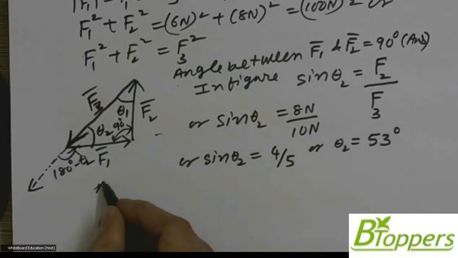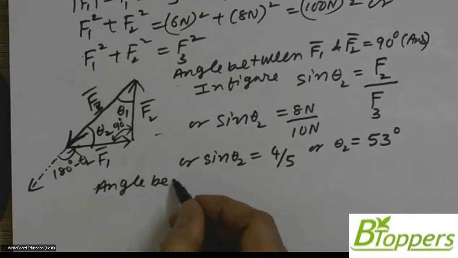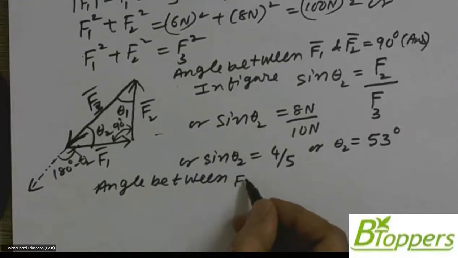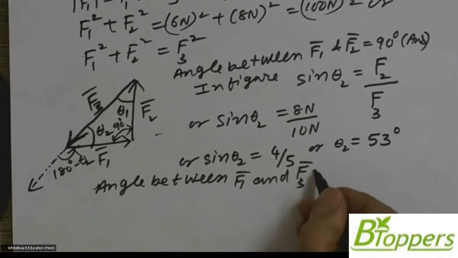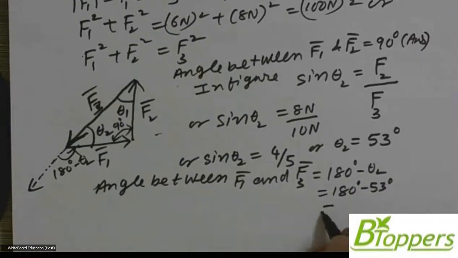That means angle between F1 bar and F3 bar equal to 180 degrees minus theta 2. That is equal to 180 degrees minus 53 degrees. That will be equal to 127 degrees. That is one of the answers.